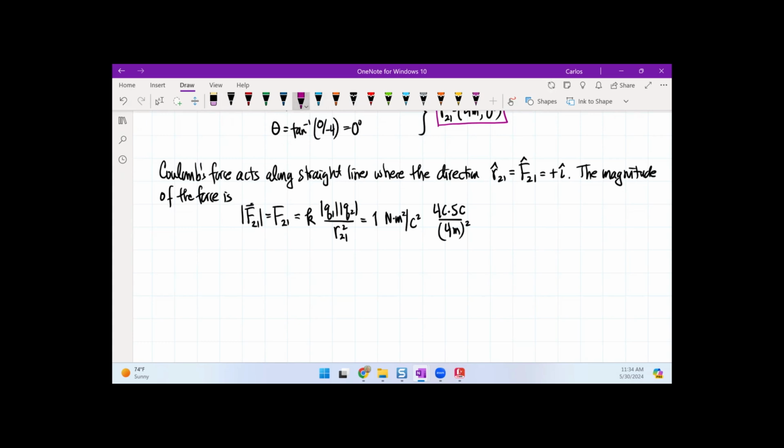Putting these numbers in, my K constant is 1, because we're dealing with the toy model. Cancellation shows that the coulombs cancel out, and the meters squared cancel out. So I'm left with 1.20 newtons. In vector form, F21 is equal to positive 1.20 newtons in the i direction.